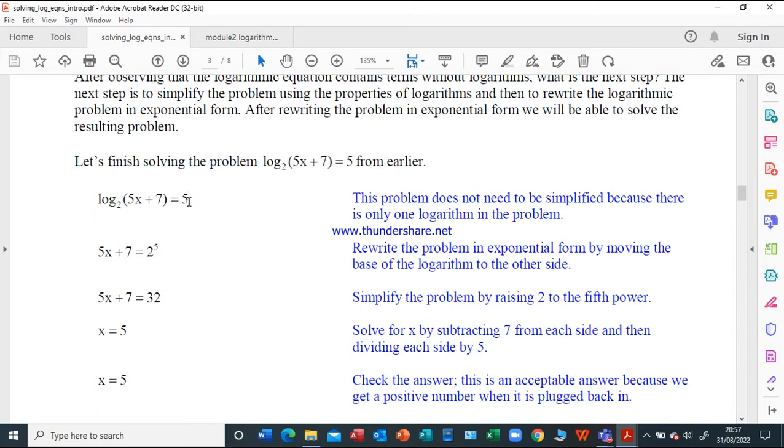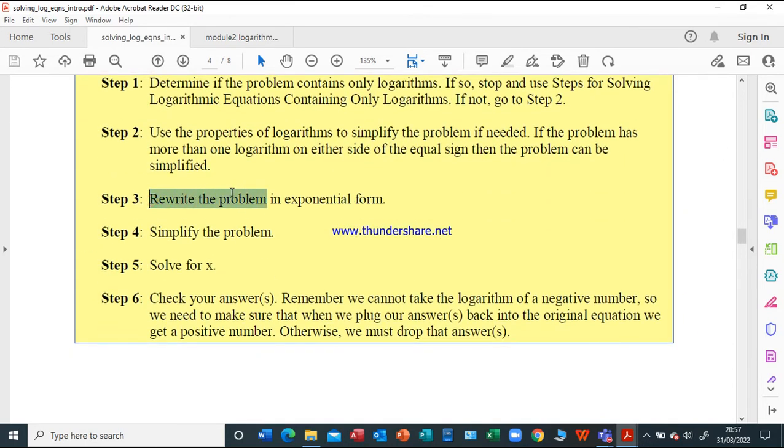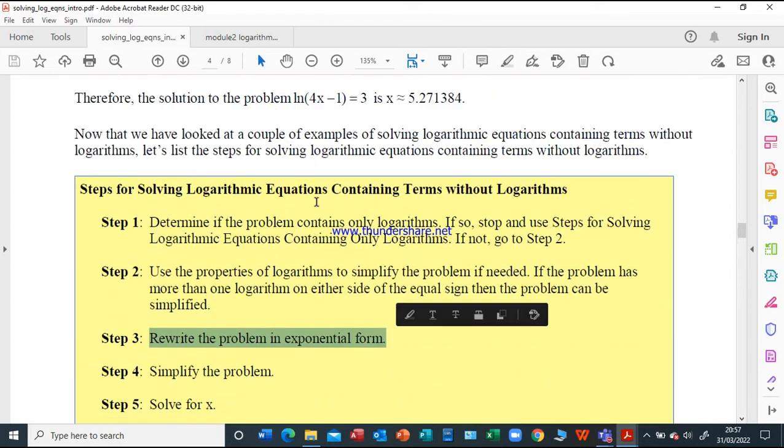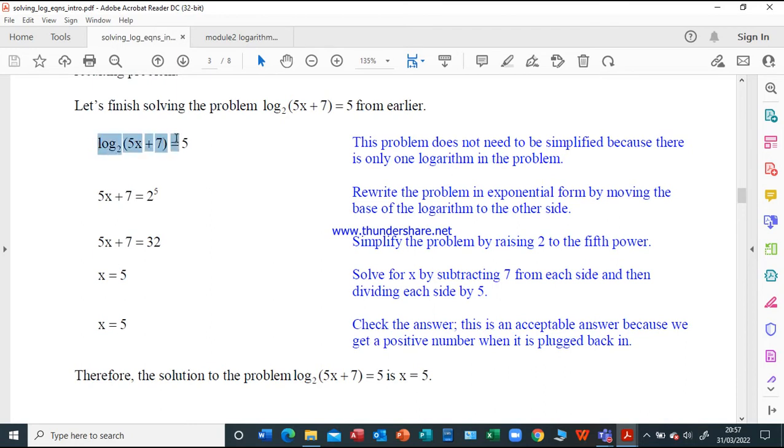What does it mean from your definition of logarithms? That takes us to step number 3: rewrite the problem in exponential form. It is already simplified up to this level. So what does that mean? 2 is the base.